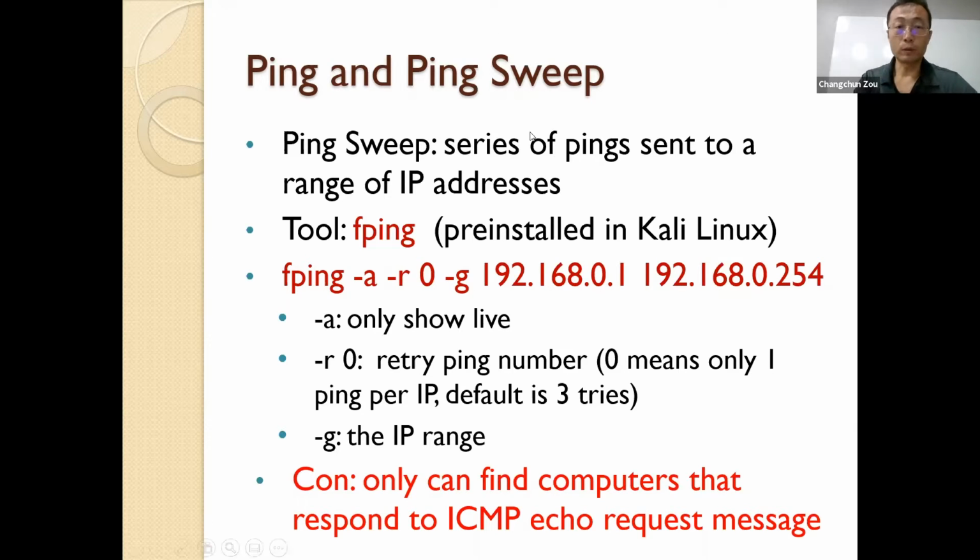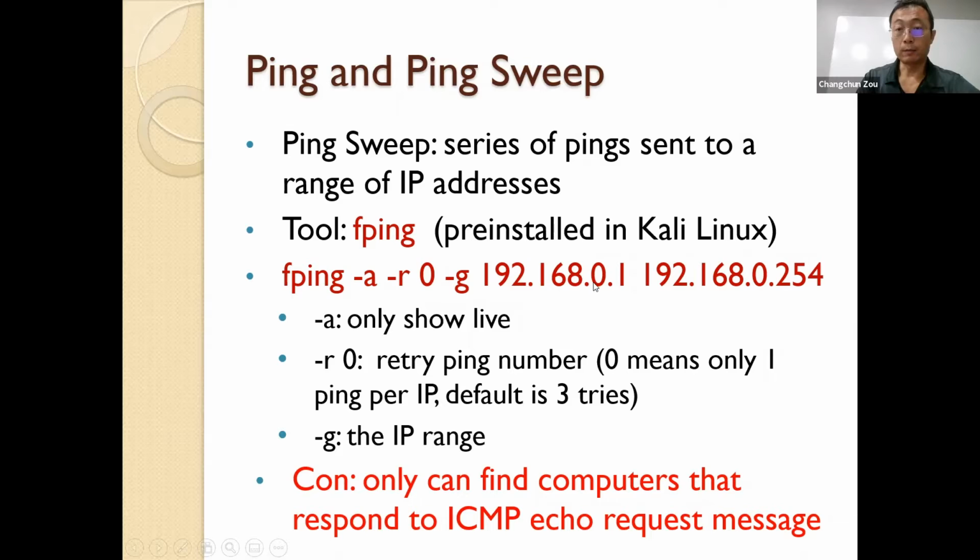So this software tool, fping, is pre-installed in Kali Linux. It can send a ping message to every IP address within a subnet. So as long as the target does not block the ping message, it can find out whichever server is responding to the ping. So this is fping.